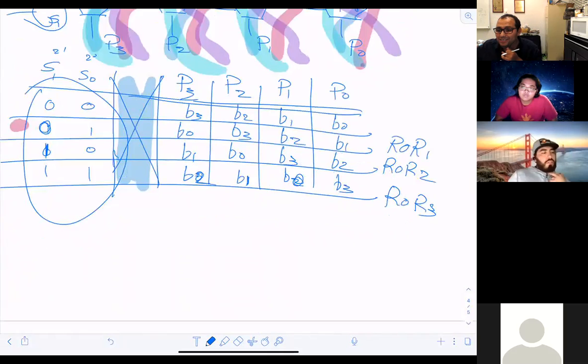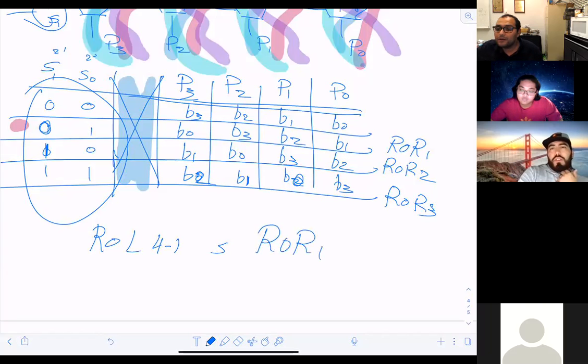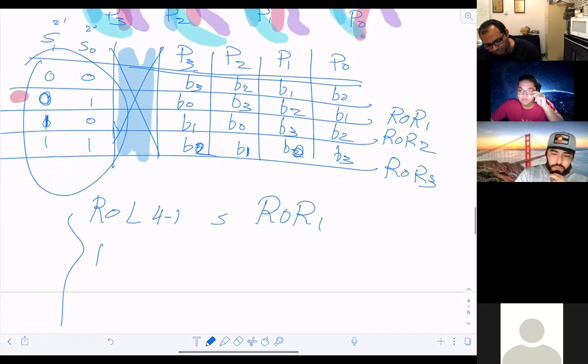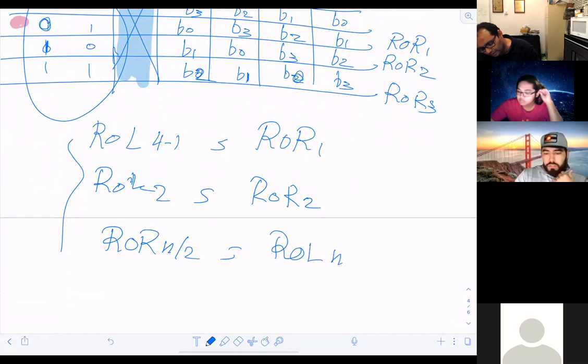Remember, rotate left 4 minus 1 is equal to rotate right 1, n minus 1. So rotate left 2 is equal to rotate right 2, as we learned that rotate right n divided by 2 equals rotate left n divided by 2.